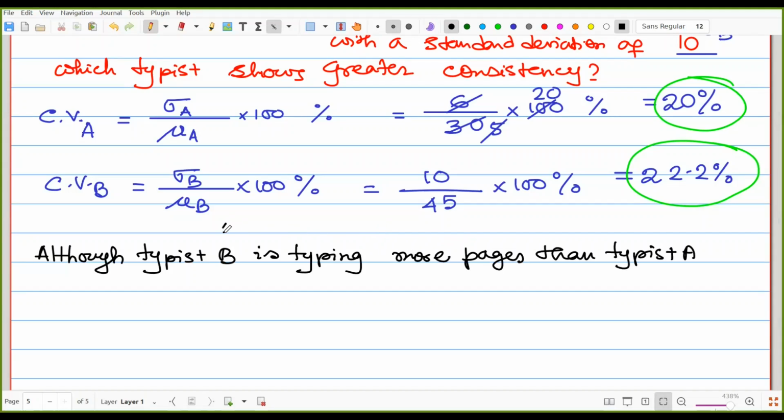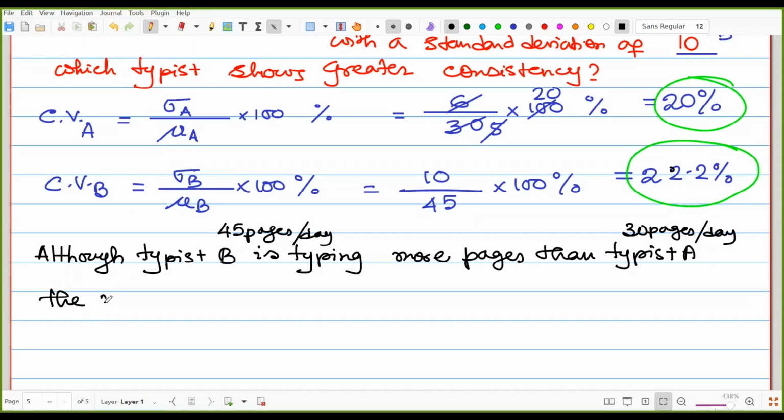Because B is typing 45 pages per day, but typist A 30 pages per day. So obviously we may think, okay, typist B is more efficient. No, in that case, when we are finding more consistency belongs to typist A.